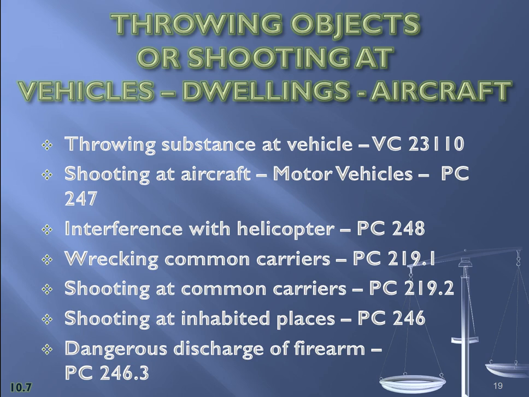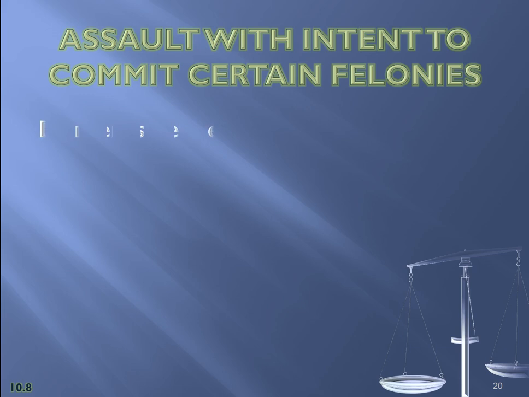How about on New Year's Eve where everybody shoots up in the air and you know that bullet has to come down somewhere? So these are other basic types of assaults that have their own section, if you will.